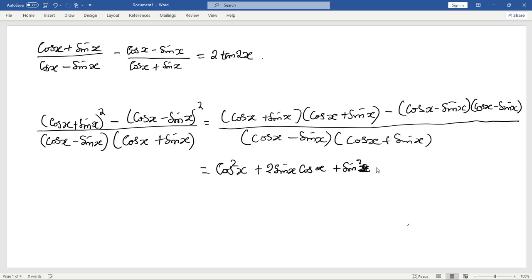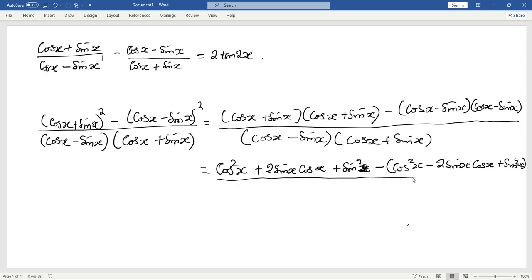Then minus this side, we're going to have cos squared x minus 2 sin x cos x plus sin squared x.